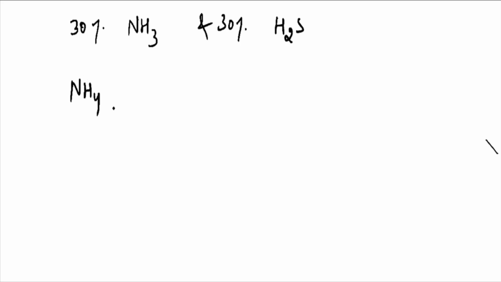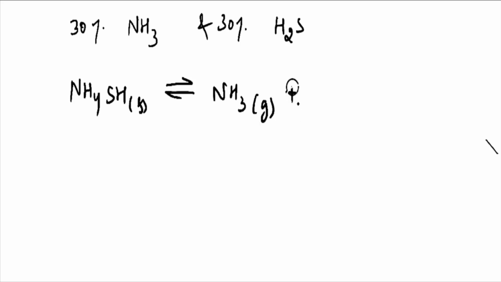We will write the equation again. NH4SH solid dissociates into NH3 gas plus hydrogen sulfide gas. Now the initial concentrations are 0.1, 0.1, 0 and 0.